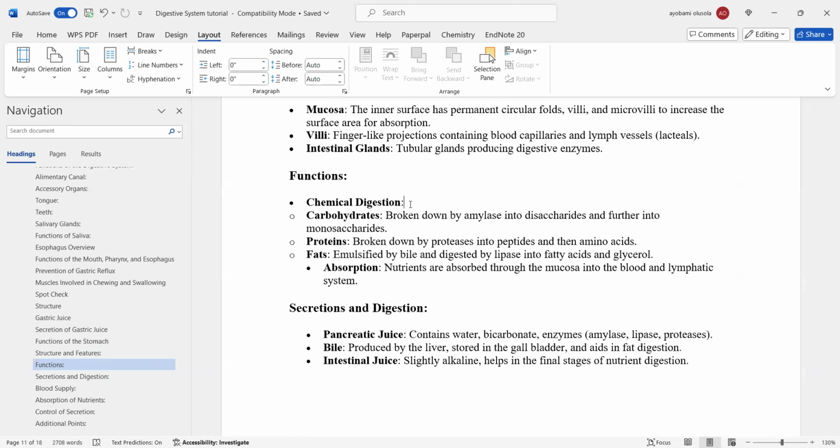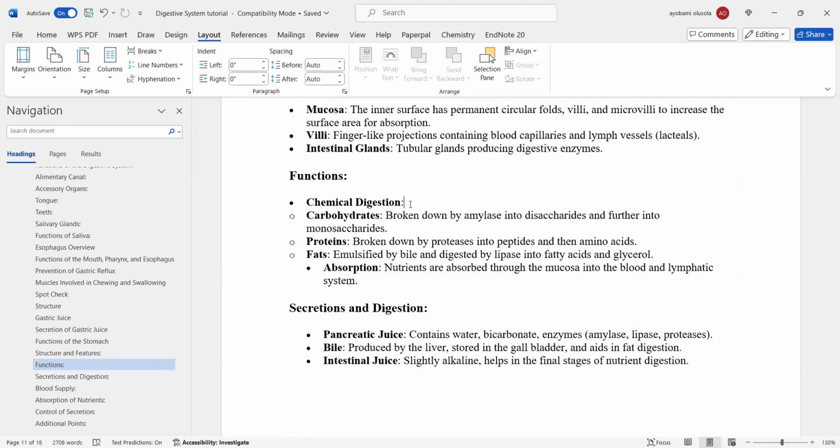Now, proteins in the small intestine are broken down by proteases into peptides and then amino acids. Then fats are emulsified by bile and digested by lipase into fatty acids and glycerol. Please take note that the digestion of carbohydrate, the end product will give us monosaccharide.